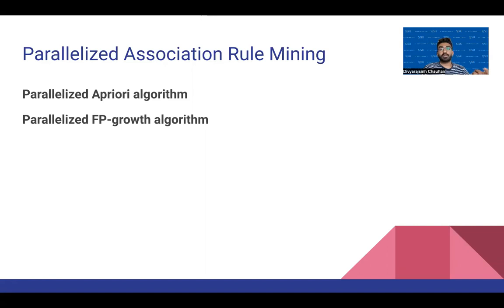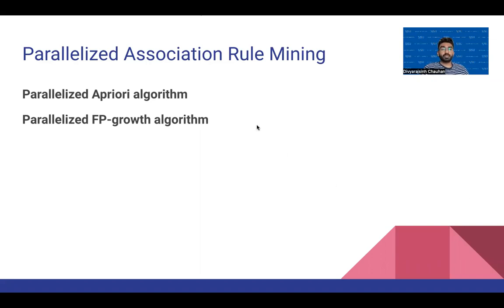The FP growth algorithm is often faster and more memory efficient than other frequent pattern mining algorithms, which makes it a popular choice. The parallelized version also works in a similar way to the Apriori algorithm. We divide the data set into multiple partitions and feed them into different machines, and then collect the data after the computation is done by each processor or machine.